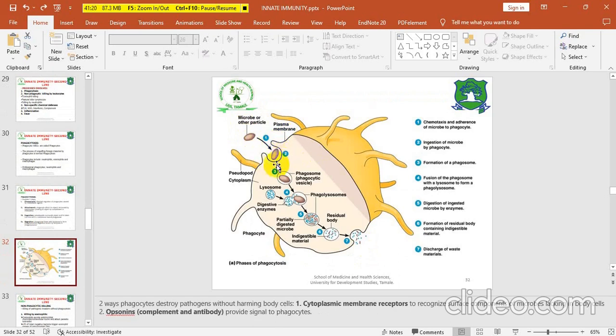There is a pseudopodia here. Then this opening now forms a vacuole. Lysosome attaches to the vacuole to become phagolysosome. Then there is digestion, partial digestion of the microbe. Then residual bodies, so indigestible materials, are released outside.